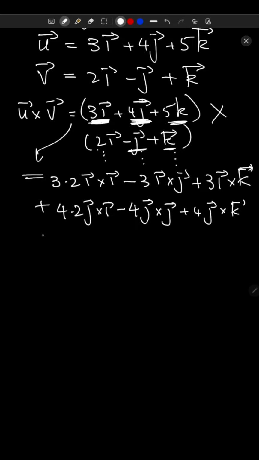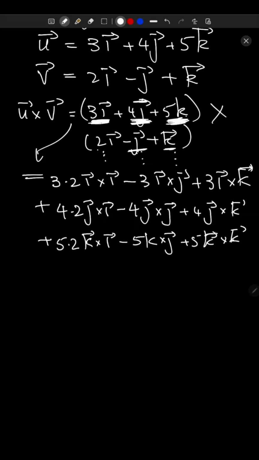And then plus, now we go to the 5k. 5k cross 2i, so 5 times 2, k cross i, minus 5, k cross j. And we always make sure to keep the order correct, because the order matters, right? So this is k cross j as opposed to j cross k. And the last one is k cross k, so plus 5, k cross k.